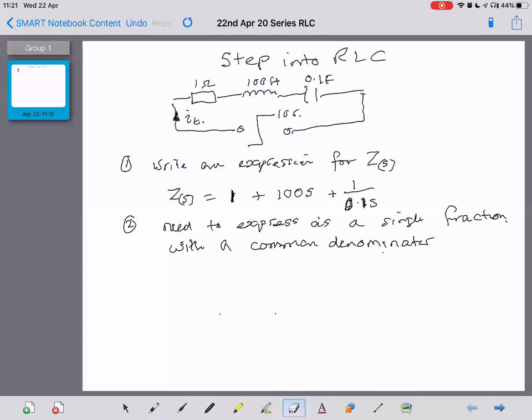In order to do that, we can express this as Z(s), and if we want the constant 1 to have a denominator, it'll have to be 1. So you'll agree that 1 over 1 is still equal to 1. And if we put 100S over 1, we've still got the same thing as up top. And then plus 1 over, we've already got a fraction there.